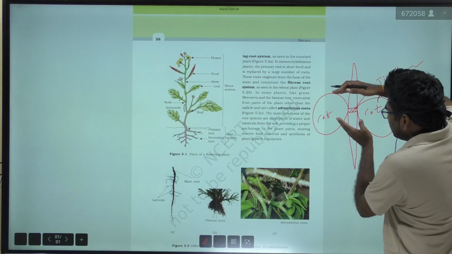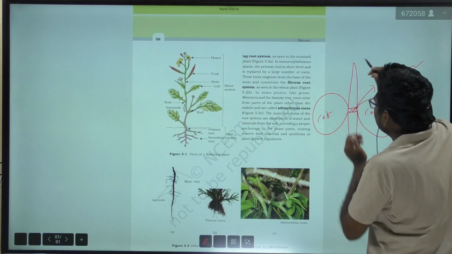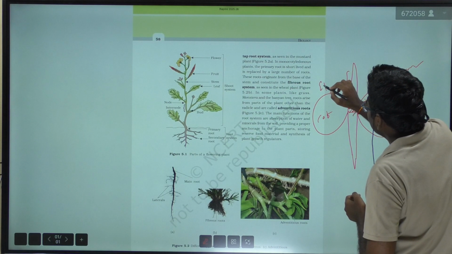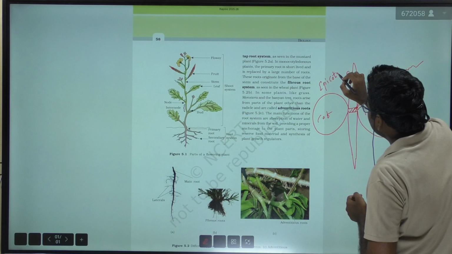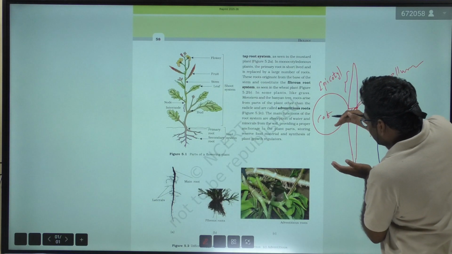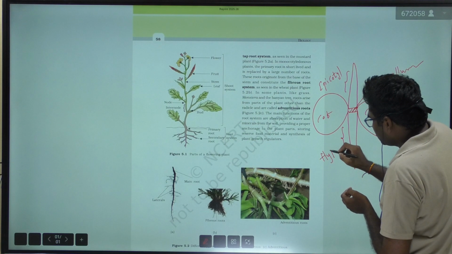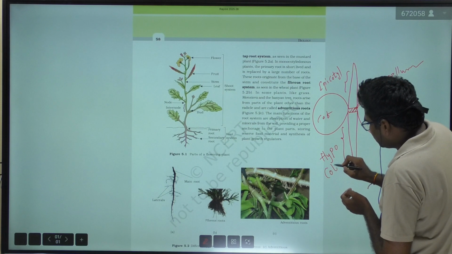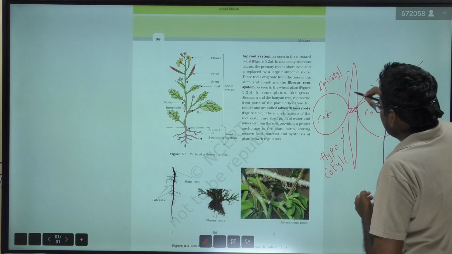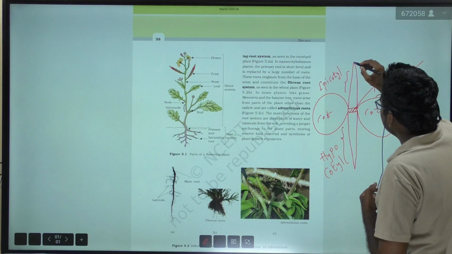The portion above the cotyledon is known as the epicotyl, and the portion below the cotyledonary node is known as the hypocotyl. Epicotyl, hypocotyl.